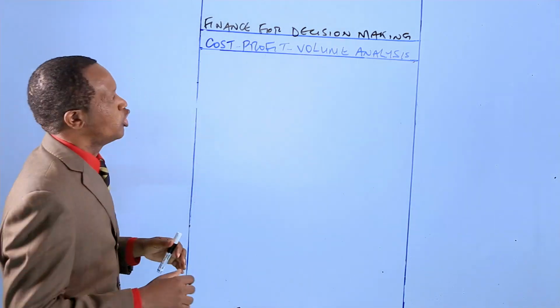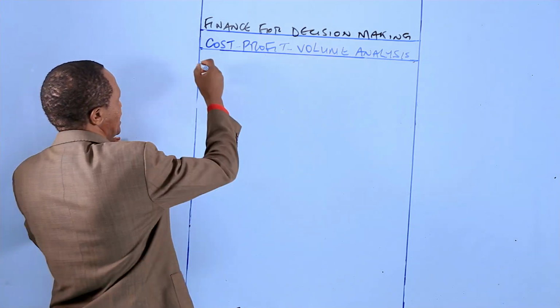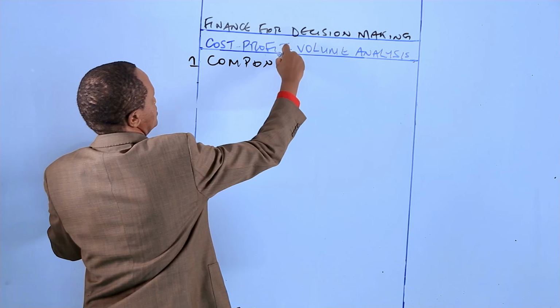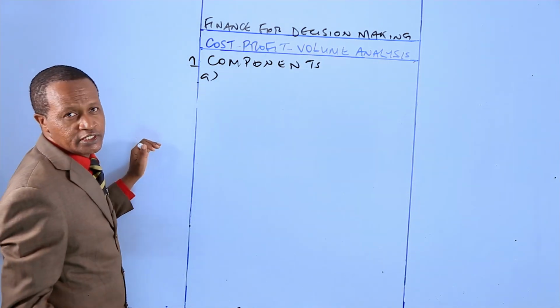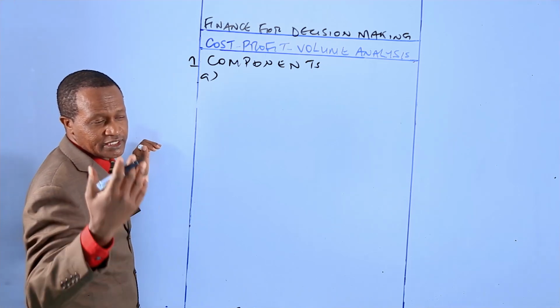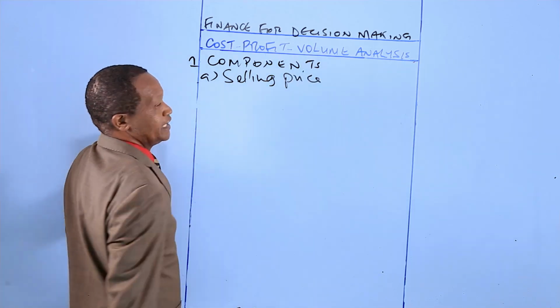So we begin with the components. What are the components of CVP analysis? Now, the first component is selling price.